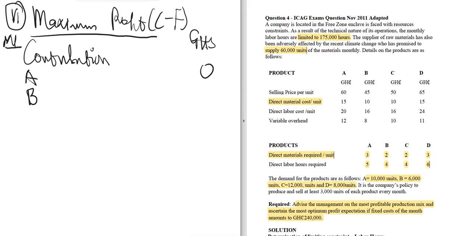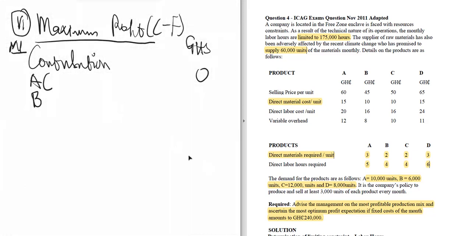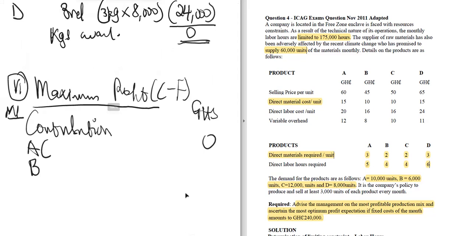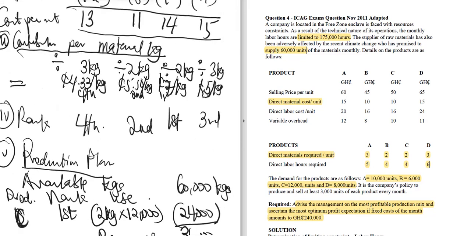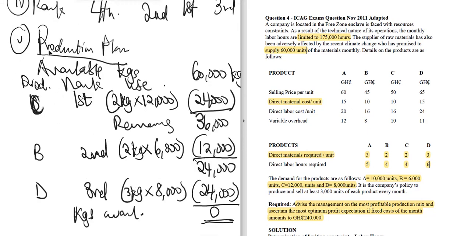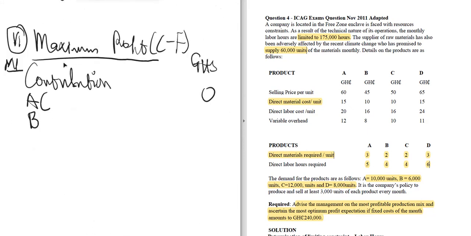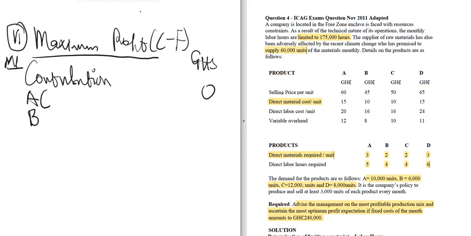So let me call this M1, or method 1. So if I take A, we know the contribution for A. What did I get for the contribution? That means I have to go up again to look at the contribution. 13, 11, 14, and 15.